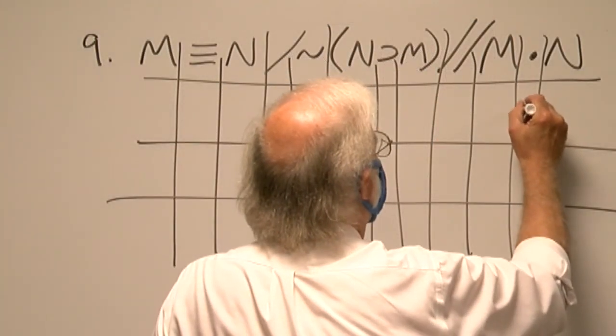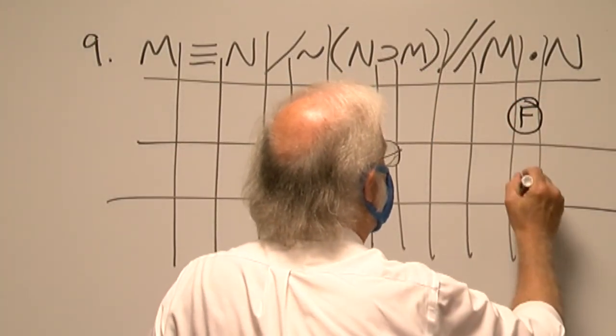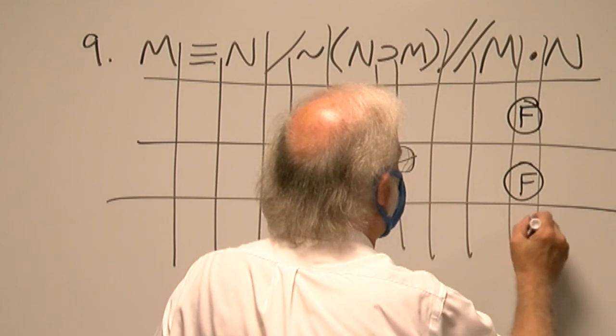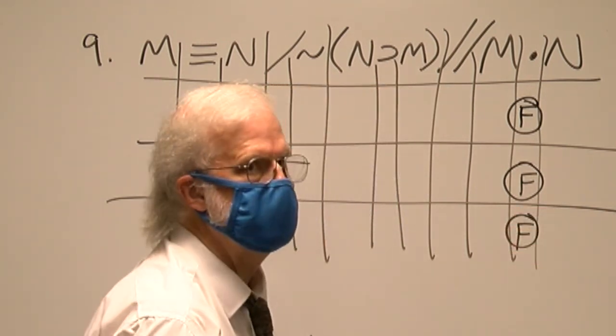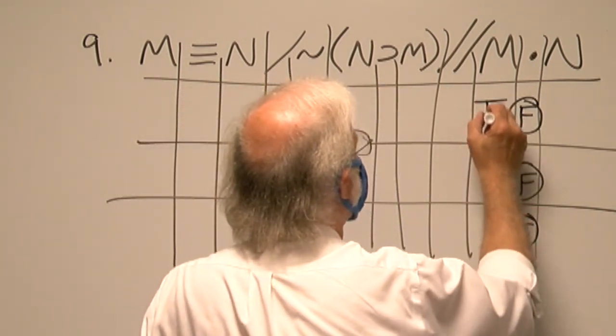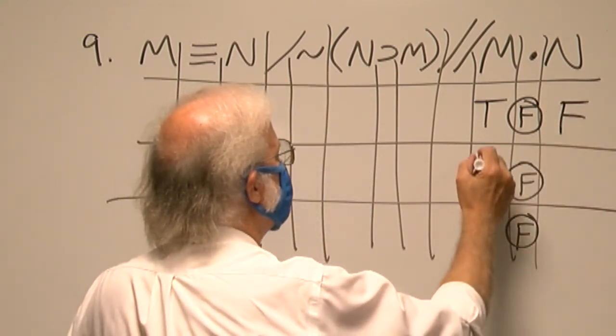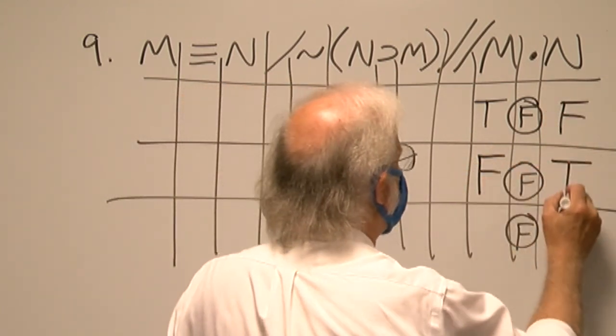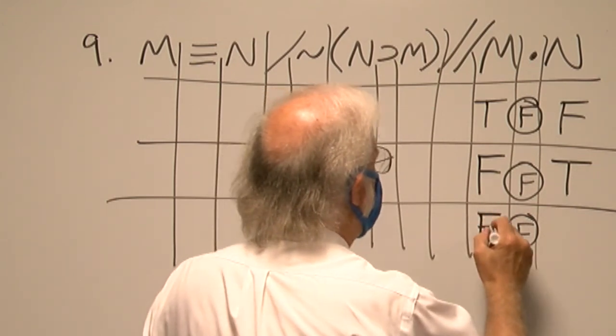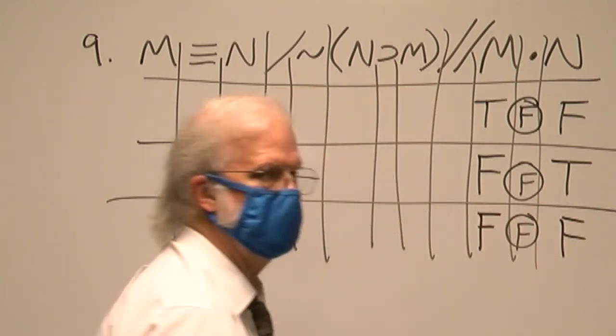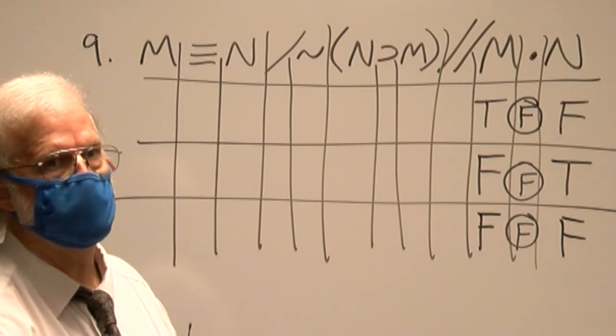We want that dot to be false. How could that dot be false? If M is true and N is false, or if M is false and N is true, or if M is false and N is false. Those are the 3 possibilities.